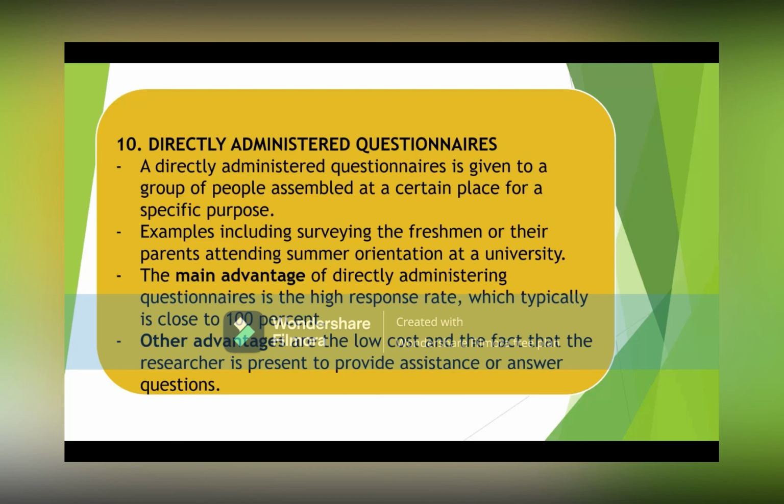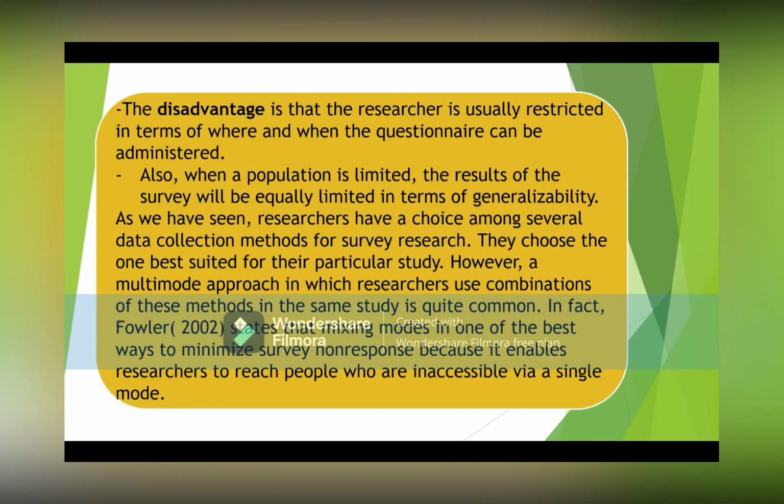Other advantages are the low cost and the fact that the researcher is present to provide assistance or answer questions. The disadvantage is that the researcher is usually restricted in terms of where and when the questionnaire can be administered. Also, when a population is limited, the results of the survey will be equally limited in terms of generalizability.